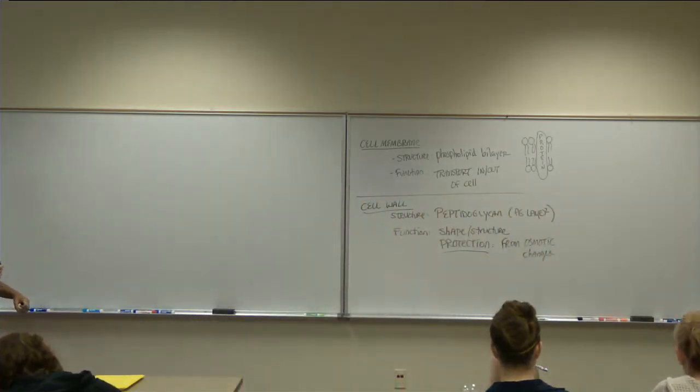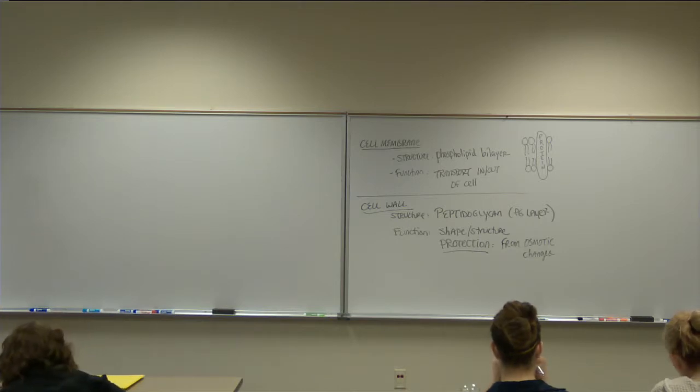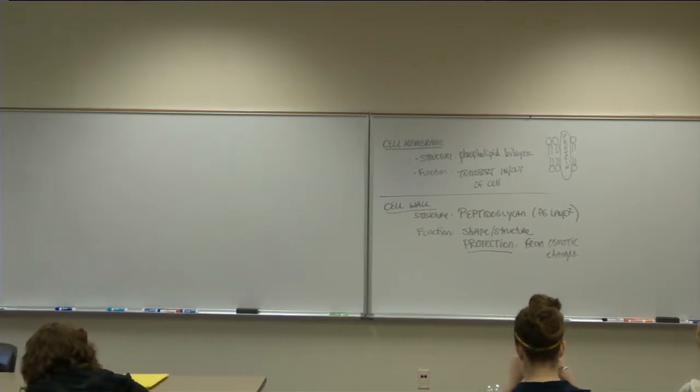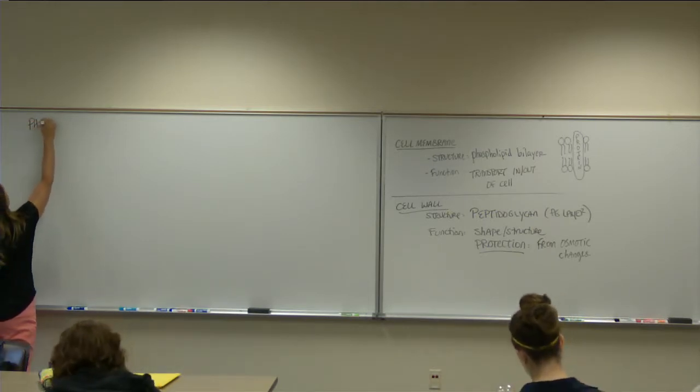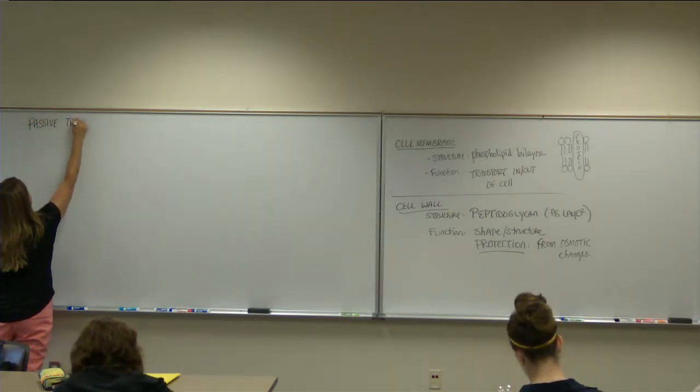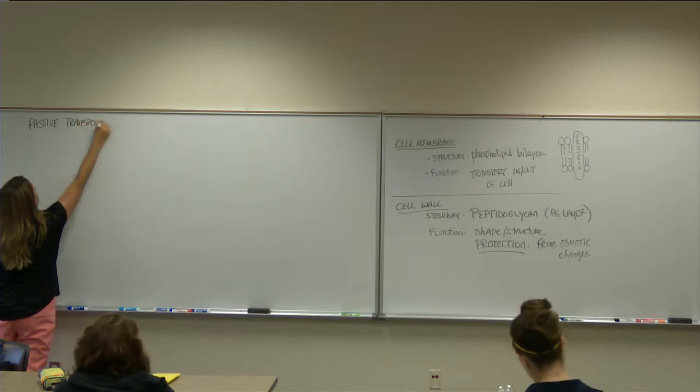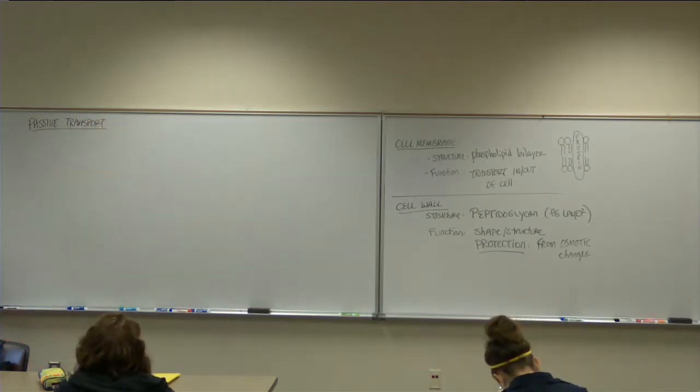So what we'll talk about is passive transport, and when we look at passive transport, we'll talk about the difference between passive transport and active transport, but looking at passive transport, I'll start off by drawing a chart up here.